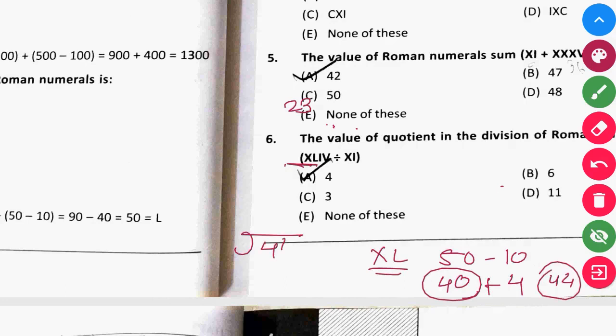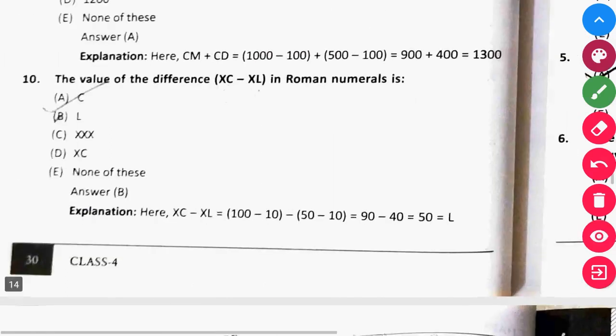So 44 is divided here by 11, so the quotient is 4. The answer 4 is correct.